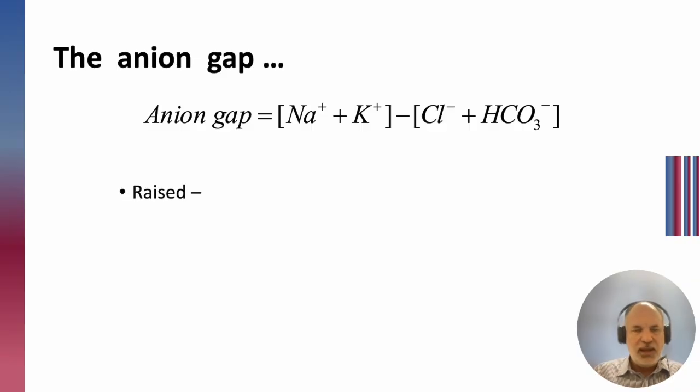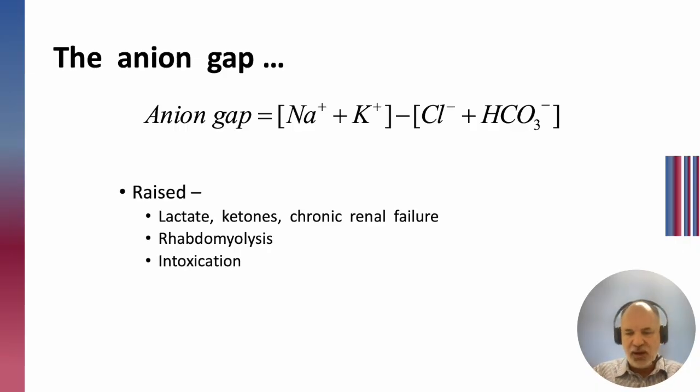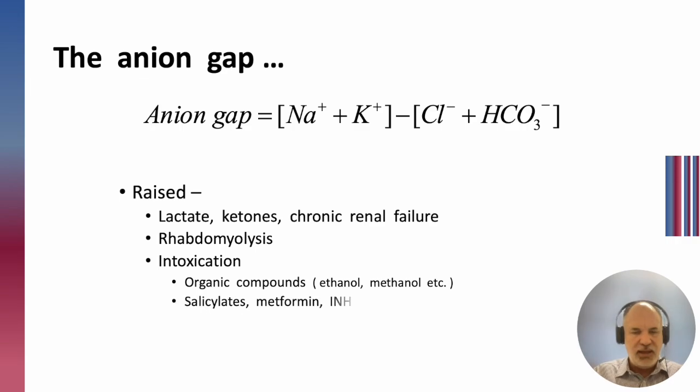And we can then classify anion gap based acidoses into those raised anion gap acidoses, which are usually from things like elevation of lactate, ketones, or in the setting of chronic renal failure, also rhabdomyolysis, and then there are a couple of drugs and poisons which can create the problem, and those are very typically the organic compounds, ethanol, methanol, ethylene glycol, etc., and then some specific drugs, particularly the salicylates, metformin, and INH.